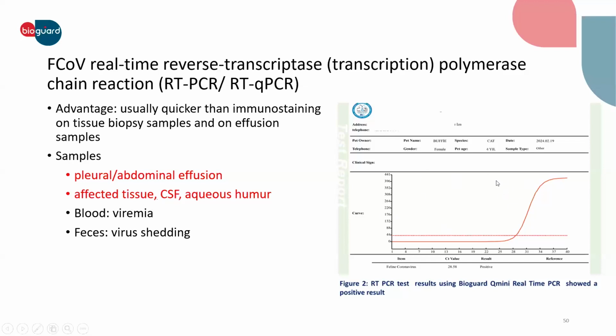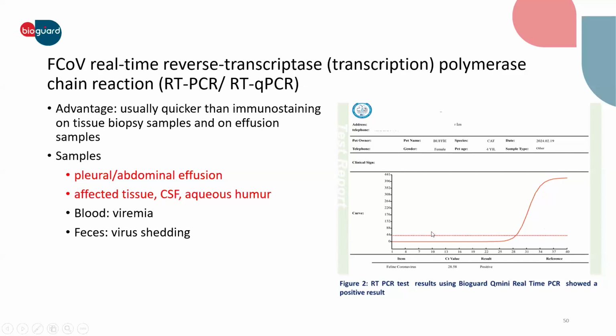The test report we attach here is from a clinic in Turkey. They used the qMini real-time PCR series to detect the affected tissue. They used ultrasound to assist them in getting the affected tissue with the fine needle technique, then did the real-time PCR and found it positive.